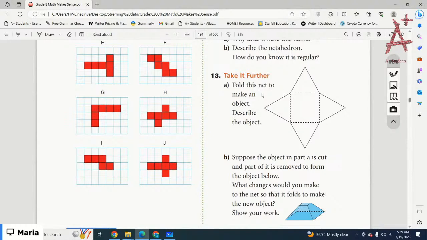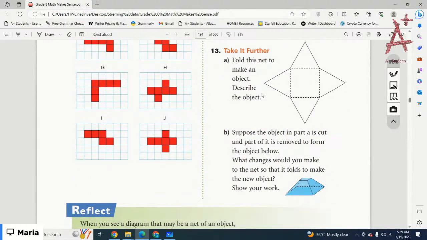Okay, then B. 13. Fold this net to make an object. Describe the object.